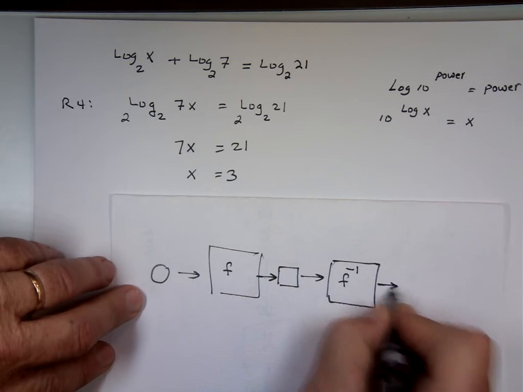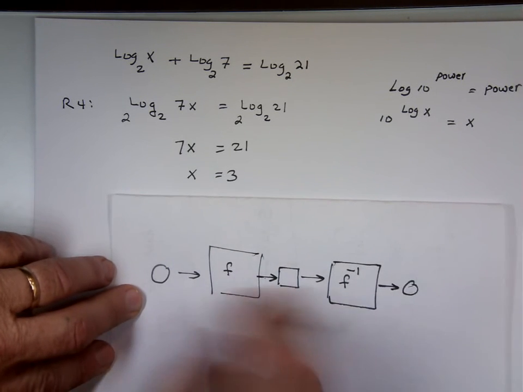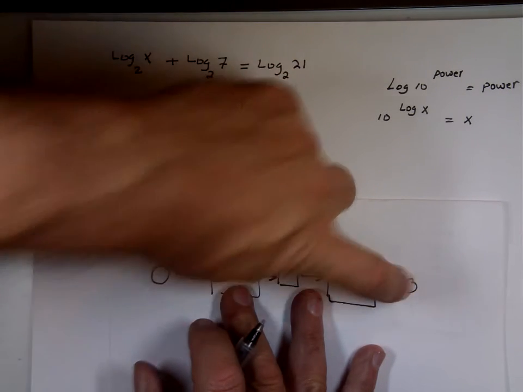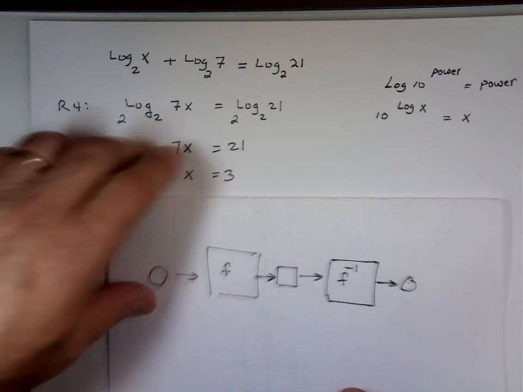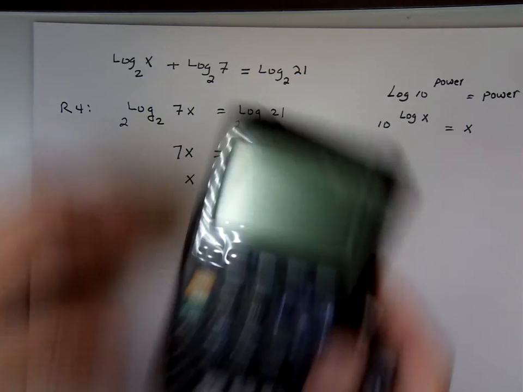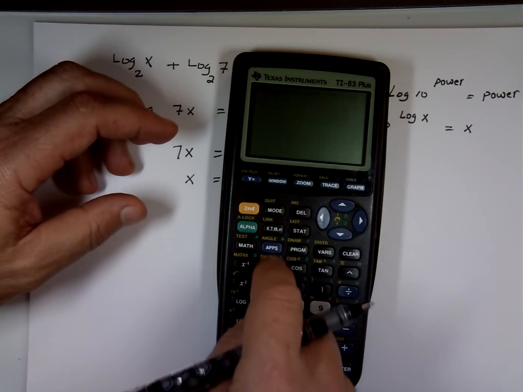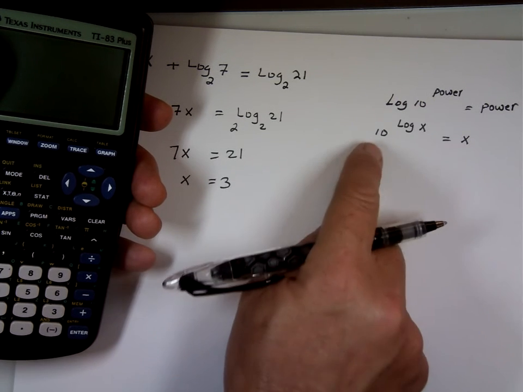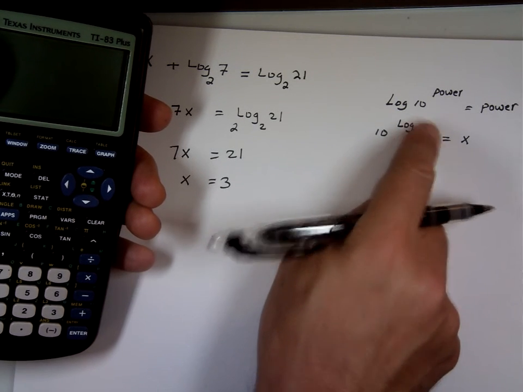Circle. So these two cancel each other out. You end up where you started. So that's why 10 to the x and the log are the inverse of each other. Look where they're written, just like sine of x and the inverse on top of each other. So log 10 to the power, that's the inverse, they cancel each other. 10 to the power of log x, they cancel each other out.